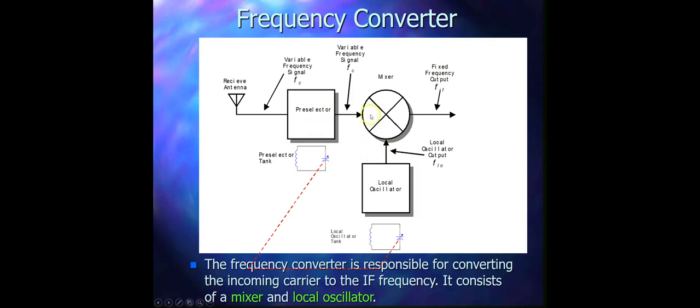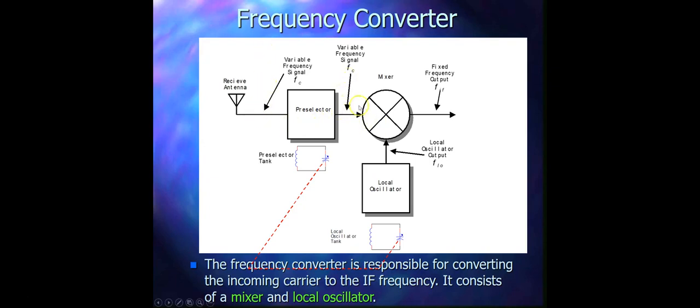Let's first learn about the mixer and what will happen at this stage. This mixer basically consists of a non-linear device, usually made up of a diode or transistor, and this mixer causes non-linear distortion of the two signals which are coming from here.